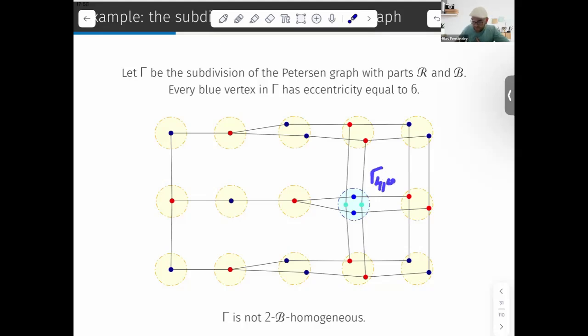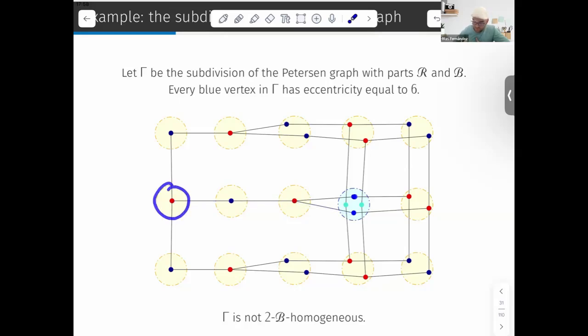This is gamma 4, 4. And we need to count for each vertex here how many vertices, common neighbors of x and y, we have at distance 3. So for this blue vertex, we have 1, and this is this guy. For this blue vertex, we have 1, and so this is one case.